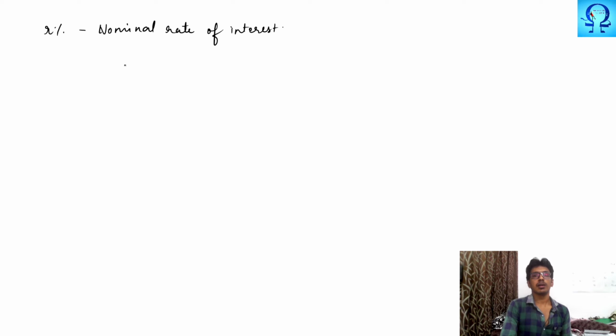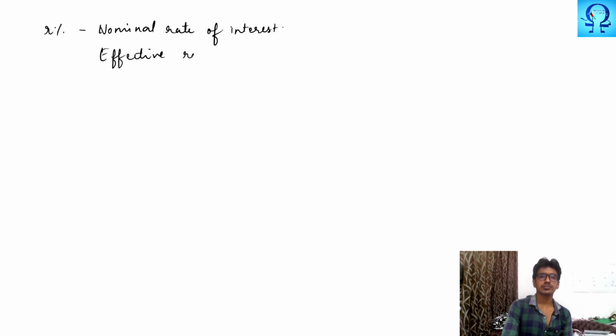When interest is calculated more than once in a year, we get more interest. That is, whenever you increase the number of times interest is calculated, you get more and more interest, which means there is some rate being implemented that is quite bigger than this R percent. That one we call the effective rate of interest, right?